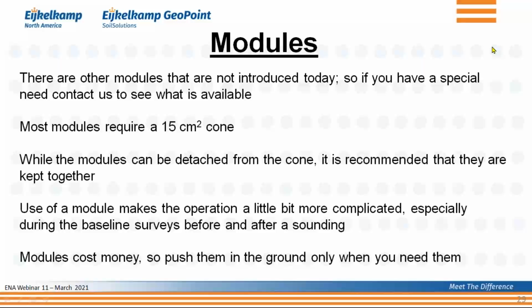And so my strong recommendation is that if you buy a module, buy a cone that goes with it, keep the module and the cone together, and use it whenever you need it, but don't just detach a module and hook it back up again when you need it. If you do have cones already, it's no problem to get those to us and we'll mount the module on top of that existing cone. But my recommendation is to keep it together.